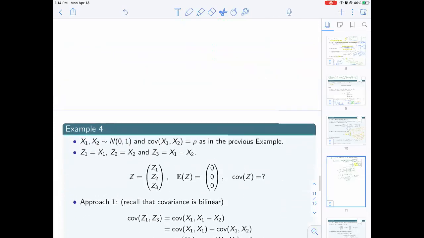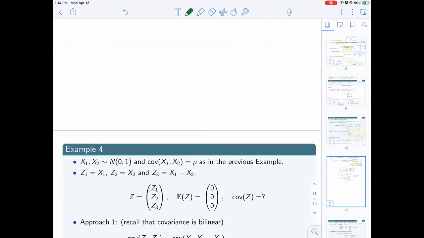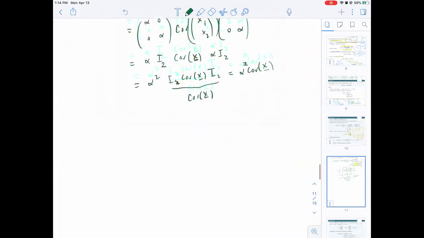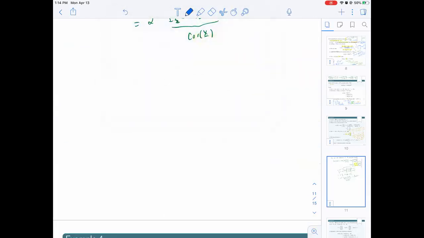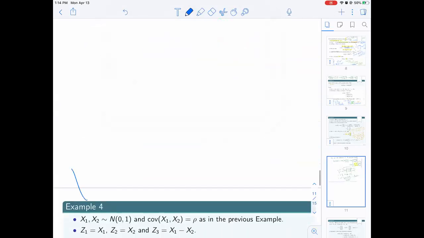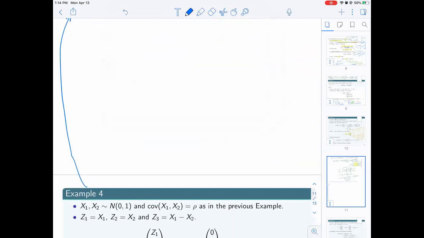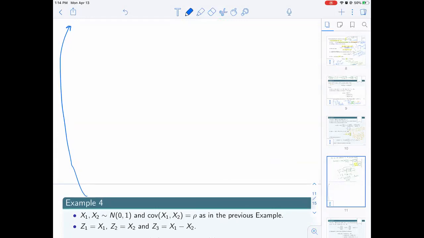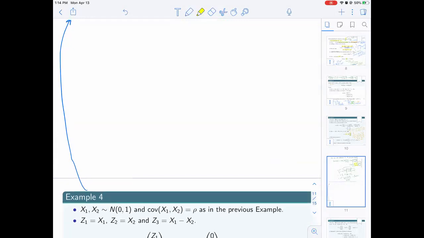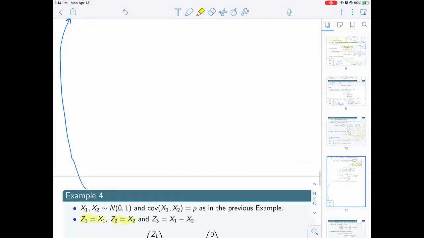So I have, I'm going to do it here. So I have x1 and x2 standard normal, and the covariance as before, rho. And then I form z1 is equal to x1, z2 is equal to x2, and z3 is equal to x1 minus x2.